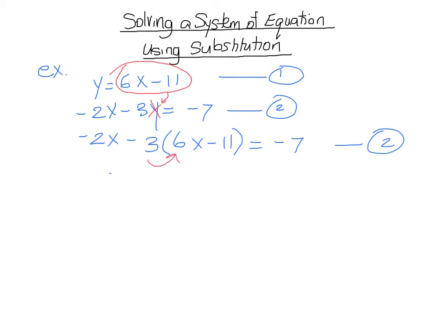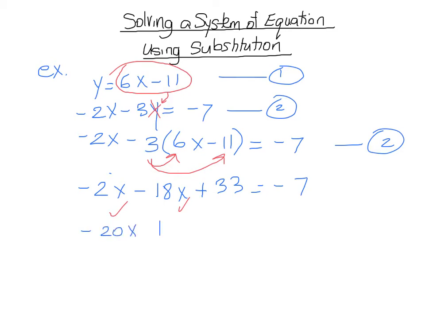Now we can distribute, and we get negative 2x minus 18x plus 33 is equal to negative 7. All right, cool. Now we are able to join like terms here, and we get negative 20x plus 33 equals negative 7.